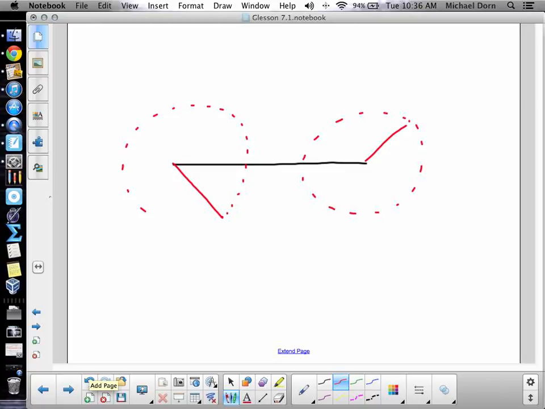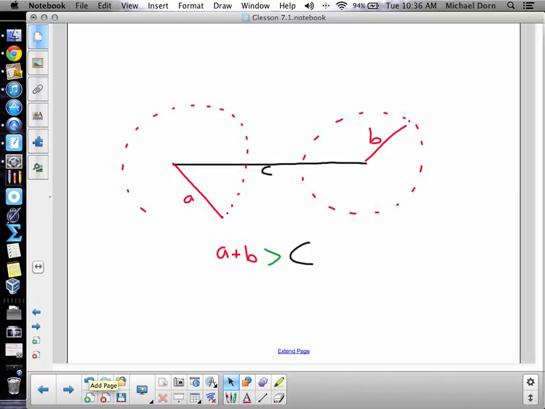And what do we conclude? That these two sides are not going to touch unless the sum of these two parts right here, a plus b, had to be greater than c in order to make a triangle. That was the triangle inequality theorem from first semester.